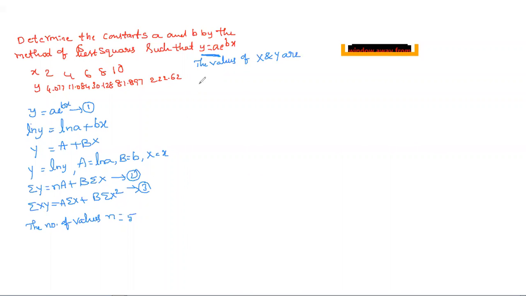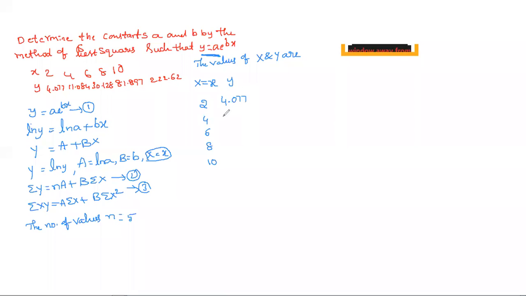Because all the letters we have there are capitals. So capital X is nothing but small x. It means we have 2, 4, 6, 8, 10. Because small x is this capital X, and the small y, what they give?